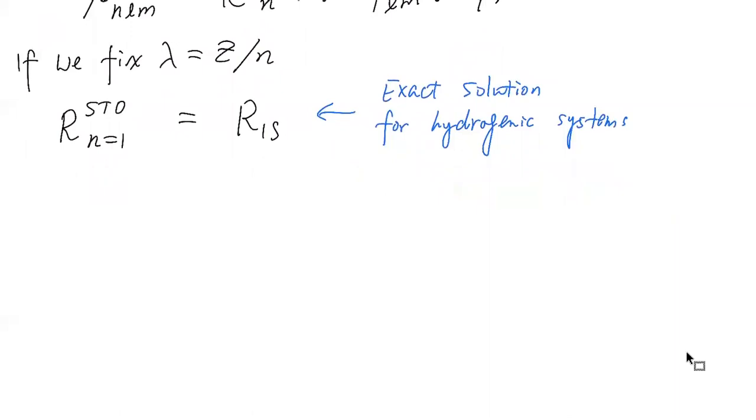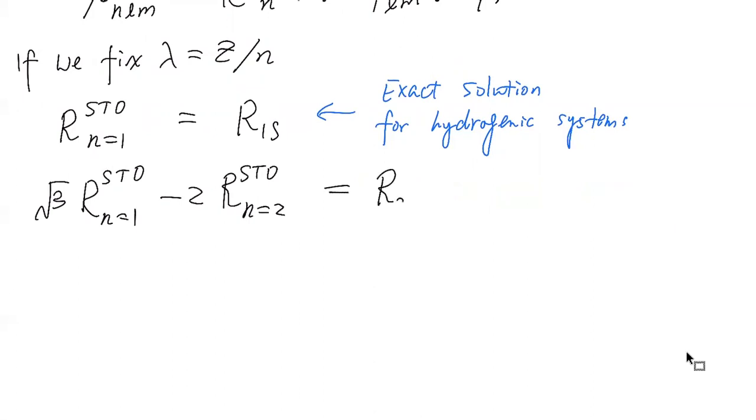If you do a linear combination of n equal to 1 STO and n equal to 2 STO, this will give you R_2s. Again, R_2s is the exact solution. So actually, if you just put n equal to 2, the STO is not the exact solution for the 2s.